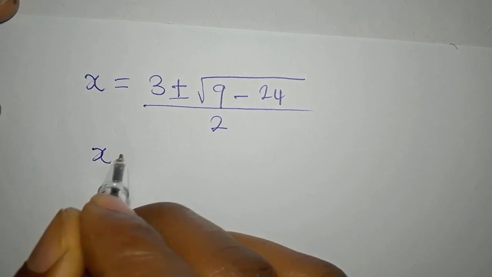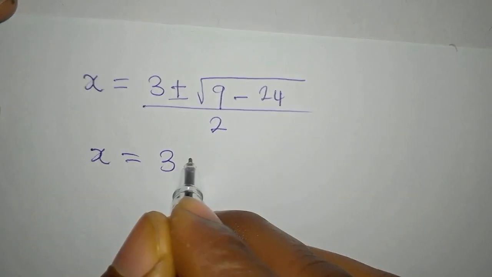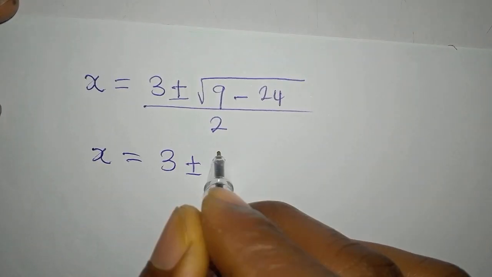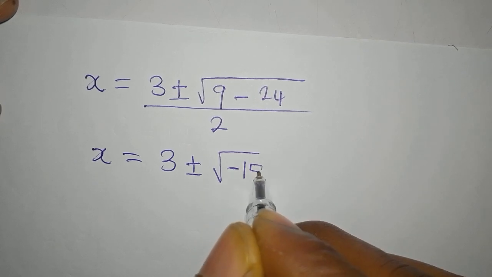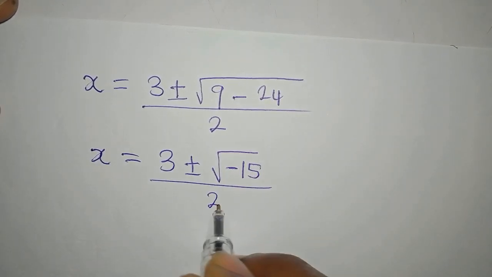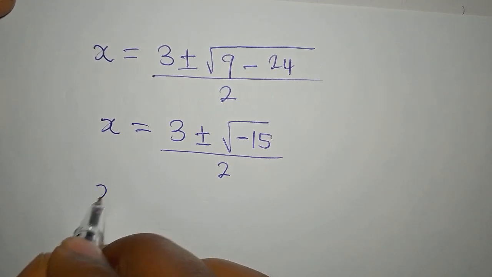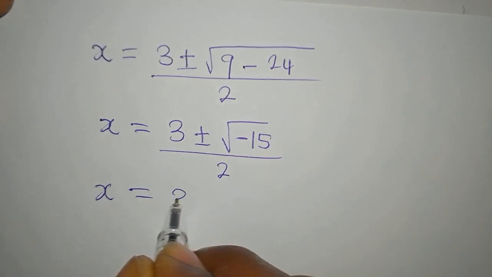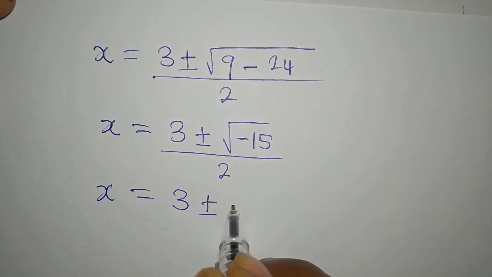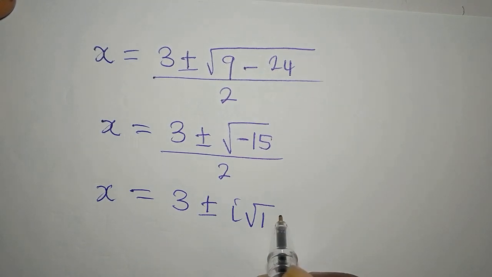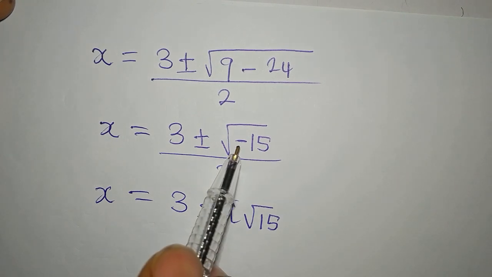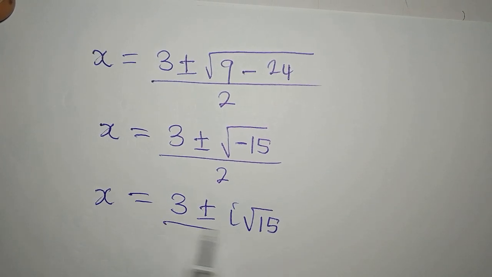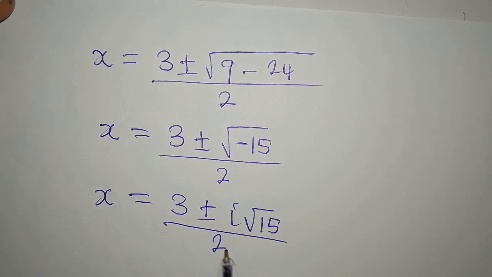So our x is now 3 plus or minus square root of negative 15, and that is over 2. So that x is equal to 3 plus or minus, we have i square root of 15. The negative here will produce the i, and then we have everything over 2.